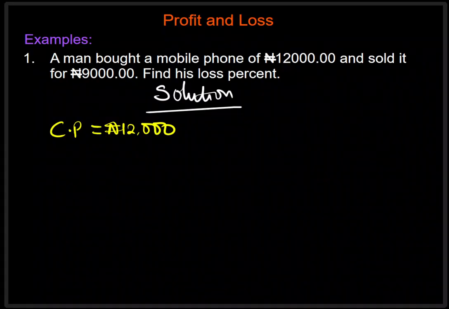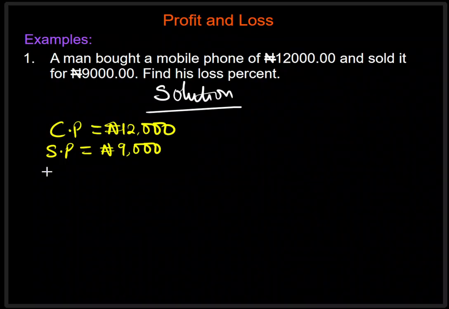And then our selling price is equal to 9,000 naira. So we have to find the loss percent. Before we find loss percent, we need to find the loss first before we can change the loss to percentage loss.